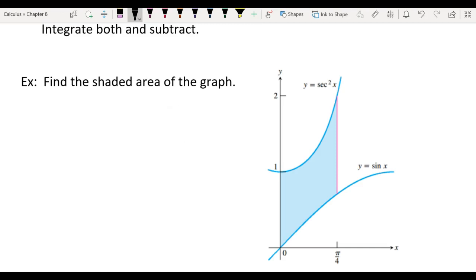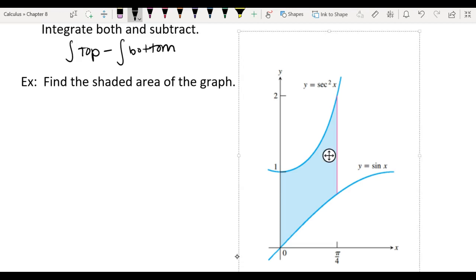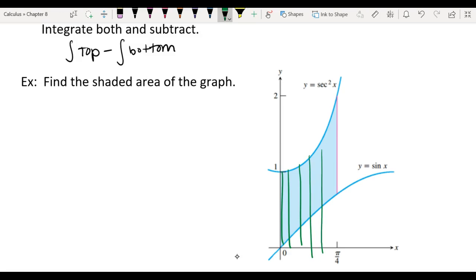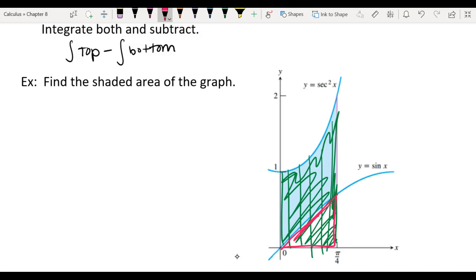You're going to integrate the top one and subtract the integral of the bottom one. So you find this area here, which I'm highlighting in green. Do you guys see how that's the area under that curve? And then you're subtracting off this section here, so that all you're left with is that in-between part. Okay?